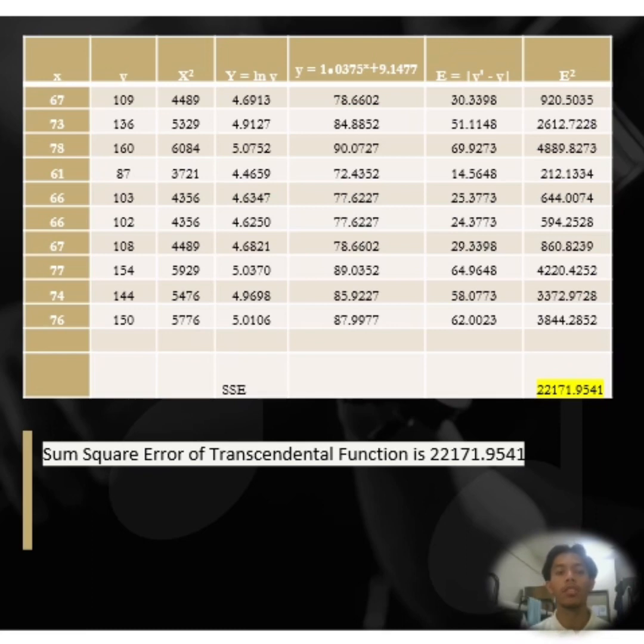After we substitute the value of x into the equation, we get the value of the absolute error. Then we raise the absolute error to the power of 2. So the sum square error of the transcendental function is 22171.9541.